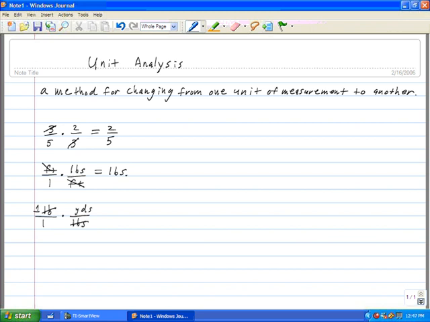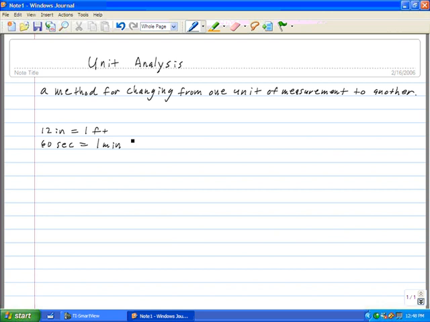And we also make use of certain equivalencies that we are familiar with. For example, equivalencies like 12 inches equals 1 foot. We'll make use of equivalencies like 60 seconds equals 1 minute.